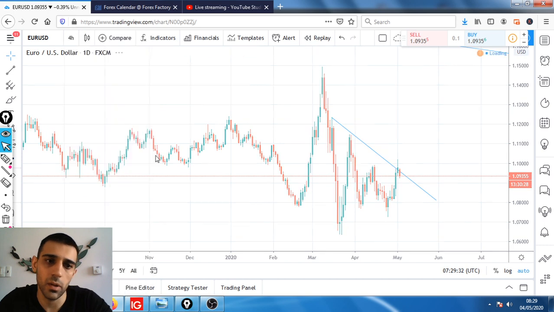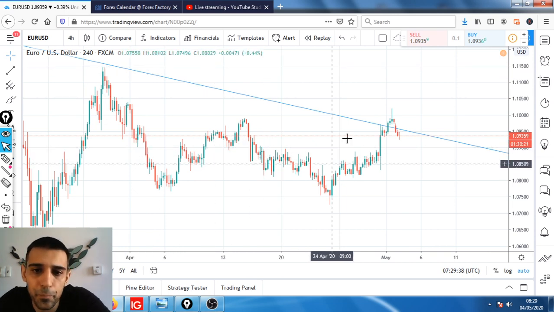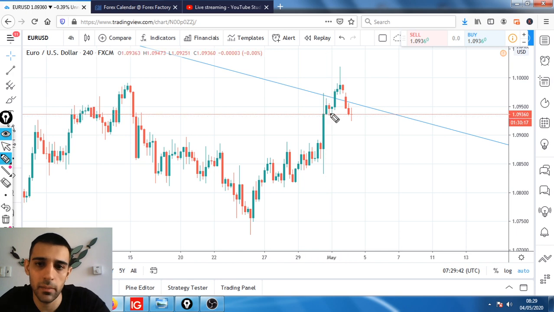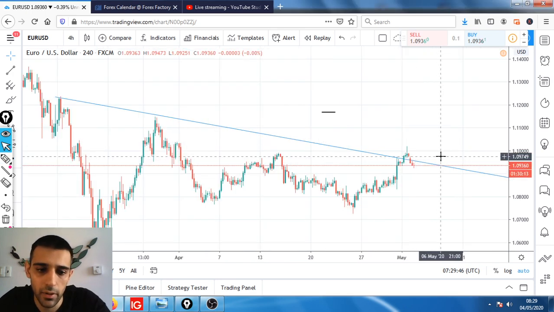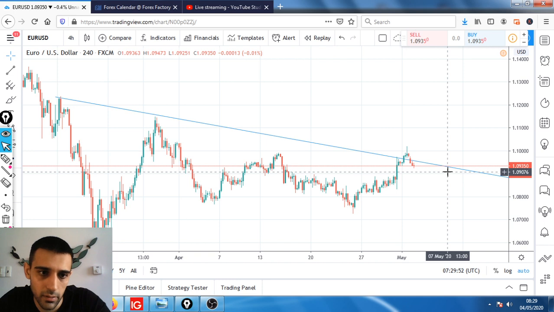Let's see on the 4-hourly time frame, then we're going to drill down to the 1-hourly time frame. On the 4-hourly, the price already passed through this level. So we have the next potential support down to this level, and it looks pretty decent.